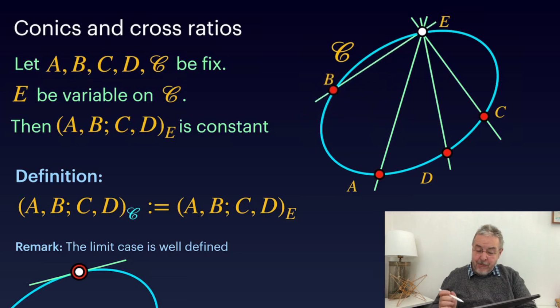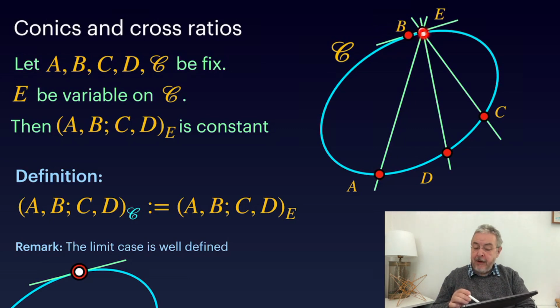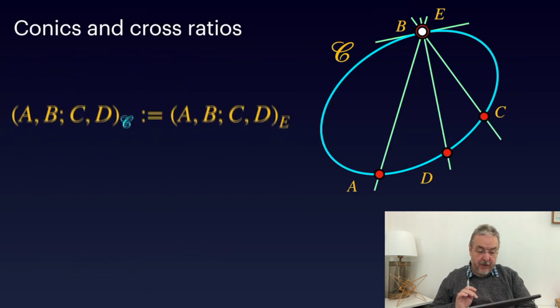So this in particular gives us also the possibility to move a point B really very close to our measuring point E and make one of those lines tangent, we will see in a minute that this is really a useful thing to consider as well.